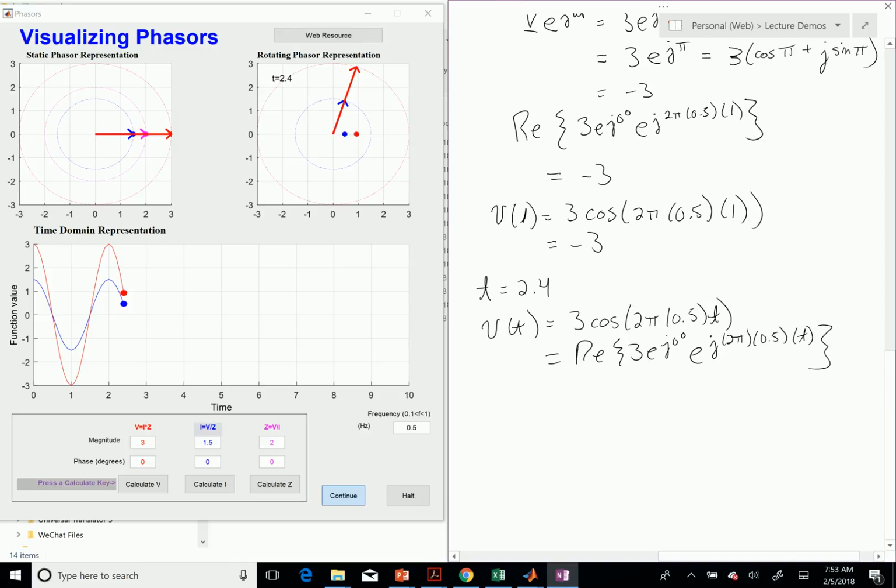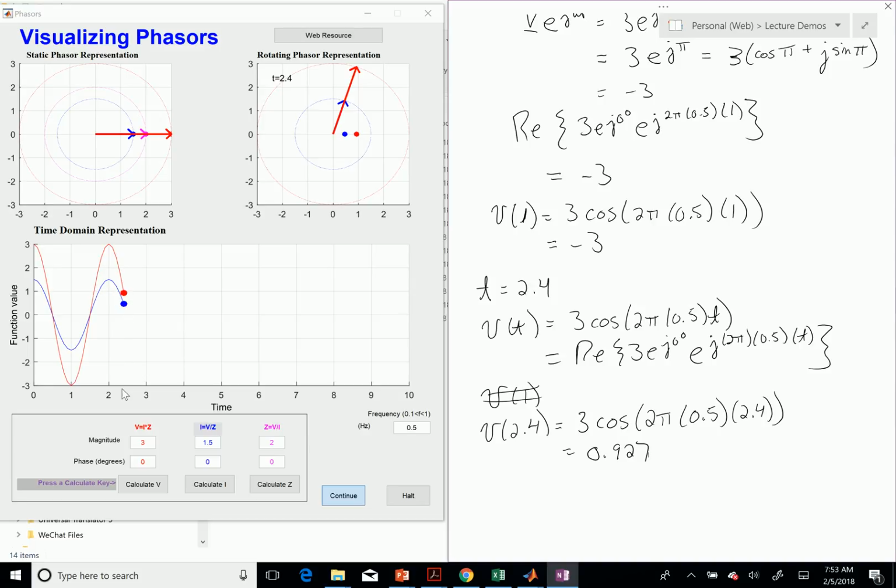Okay? Now, if I evaluate that at 1, or sorry, not at 1 in this case. In this case, it's 2.4 seconds. Okay. At 2.4 seconds, I see I have 3 cosine 2 pi 0.5 times 2.4. Right? If I put that into my calculator, I get 0.927.